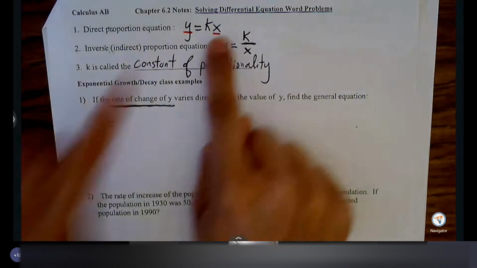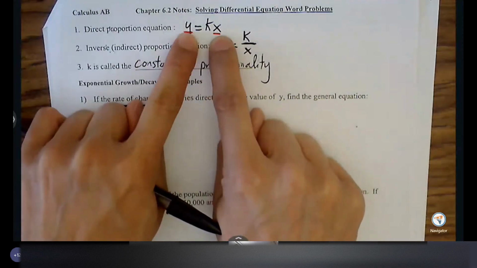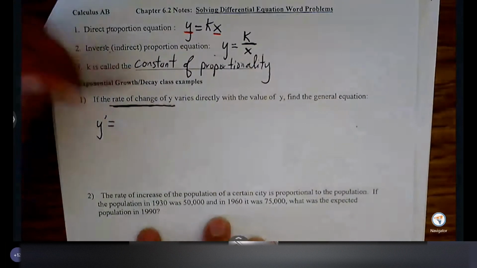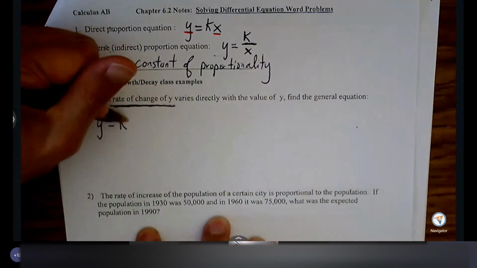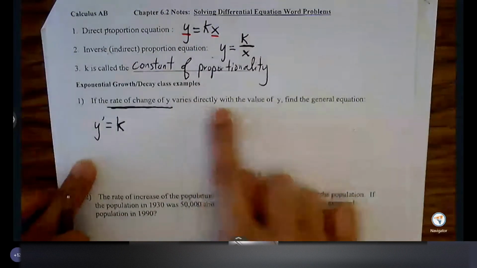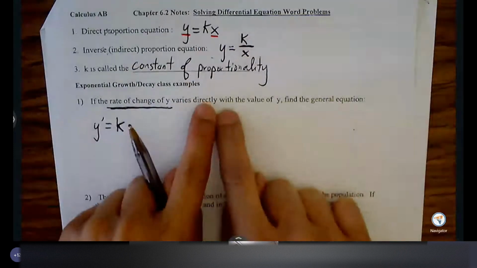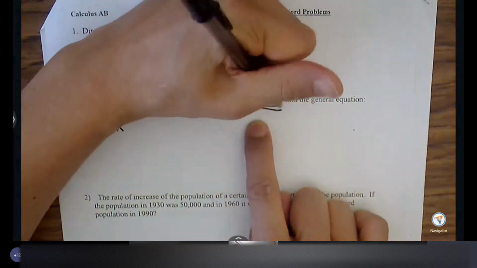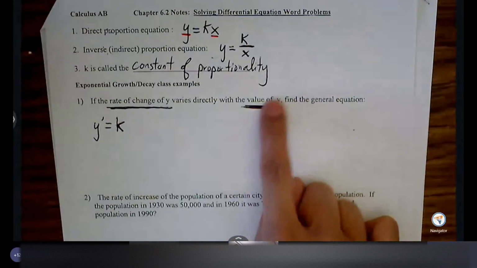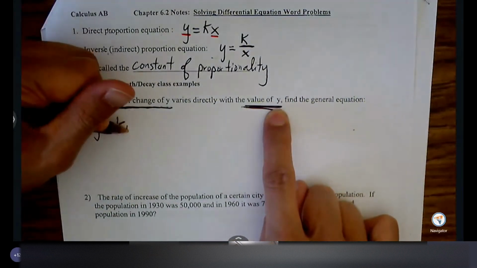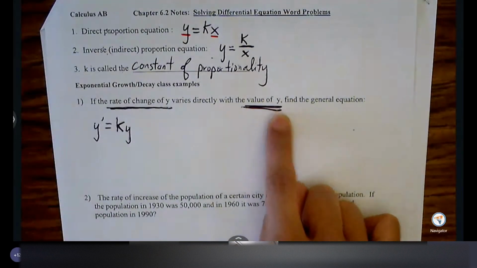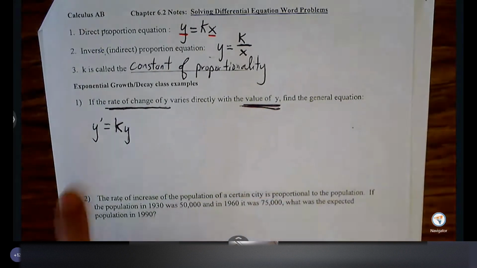Varies directly, so we know it's going to be in this form of direct proportion, equals k times something else. We know it's a direct proportion here, and we're going to fill in what that last variable is. It says varies directly with the value of y, so just the original variable, no changes there. Y prime equals ky. So this is a differential equation.